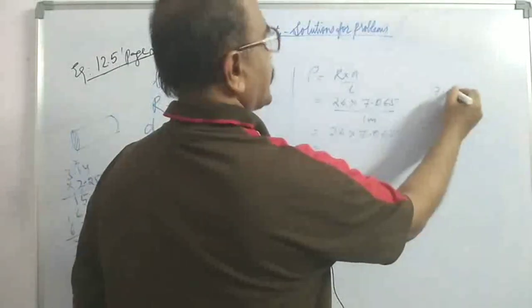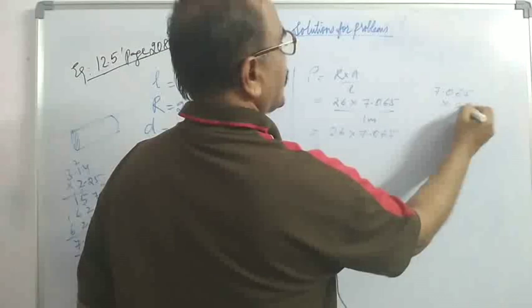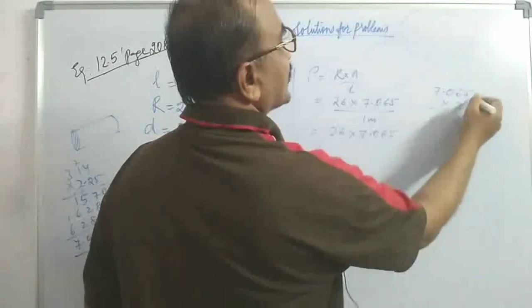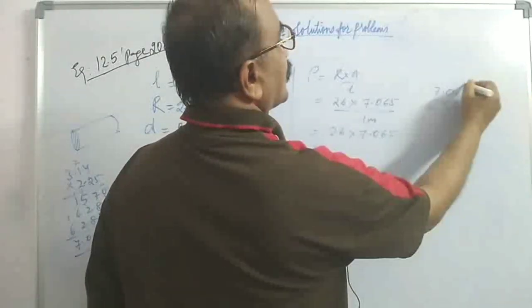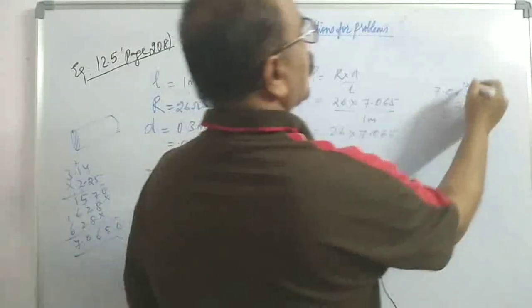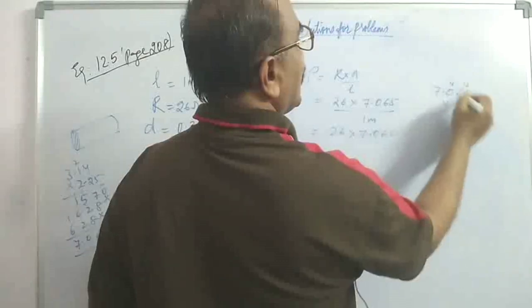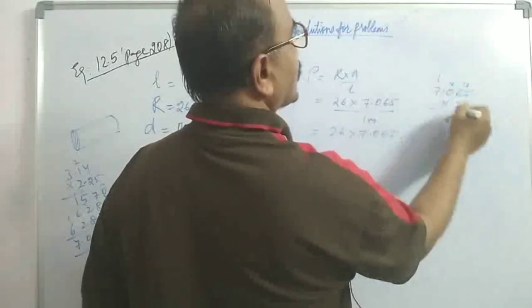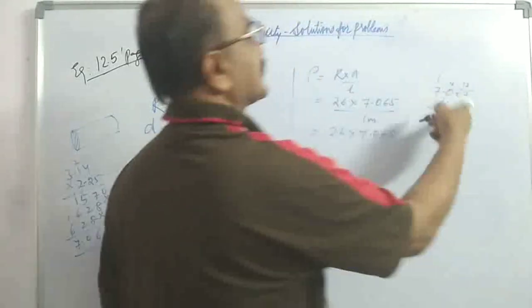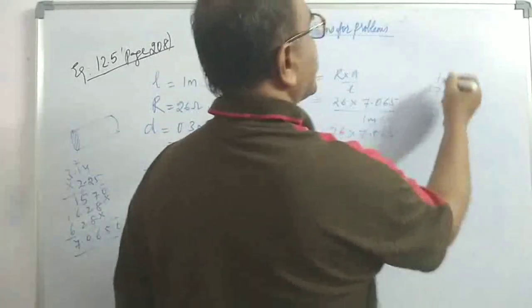So 7.065 times 26. 26 5 is 130. 26 6 is 156. And that becomes 6 and 1. 26 7 is 182.